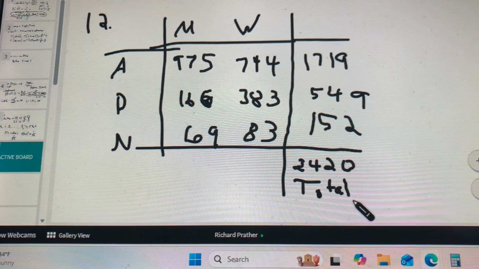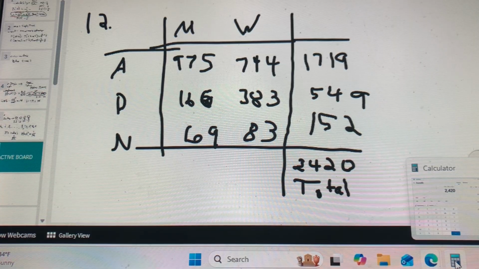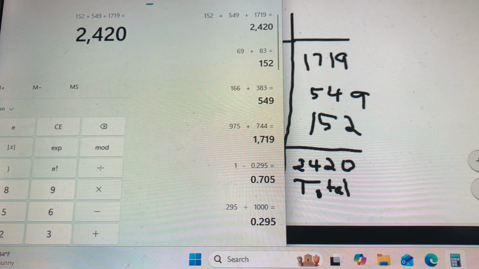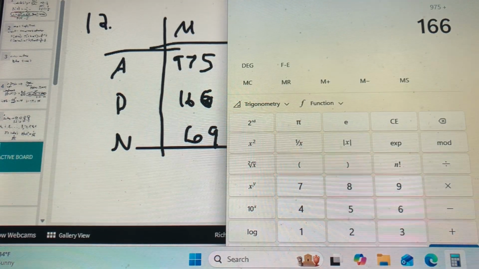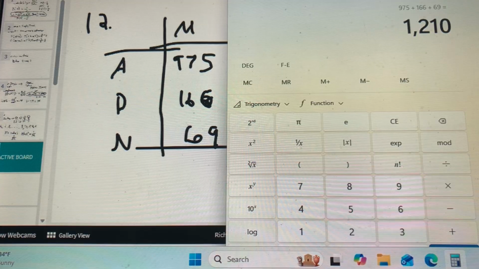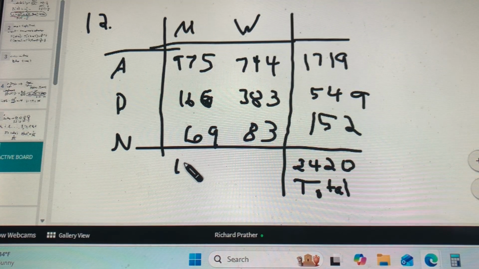So any question they ask me, no matter how many parts there are, it has to be something over this grand total. Now, I can add the men, too. There are 975 men that agreed, plus 166 that disagreed, plus 69 that had no opinion. There are 1210 men in the survey.